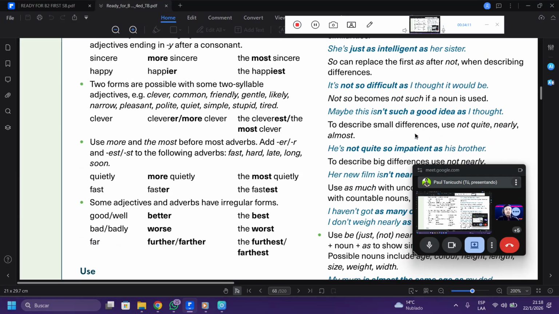Okay, so that is clear. Not in this case, so becomes not such if a noun is used. For instance, maybe isn't such a good idea as I thought. Okay, like that. One more time. Think of your examples. So the word so in this case becomes not such.